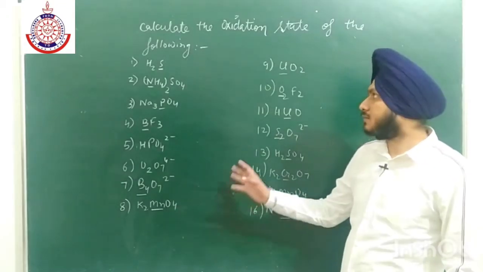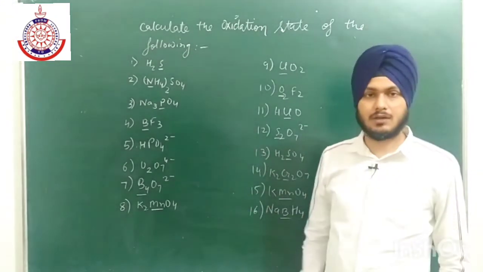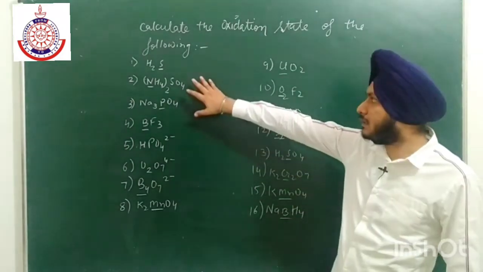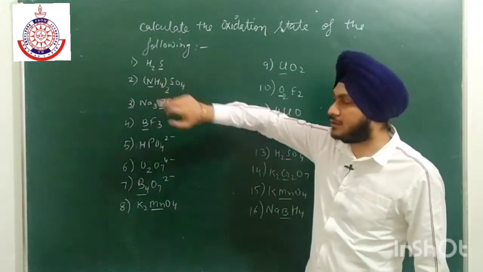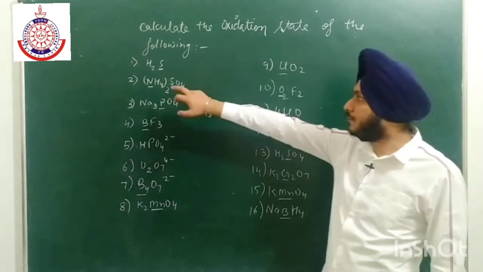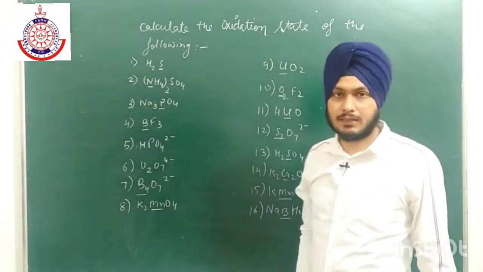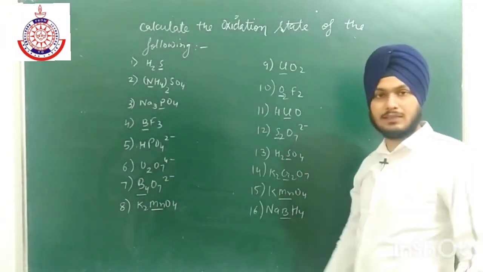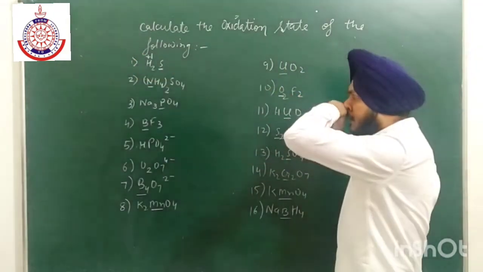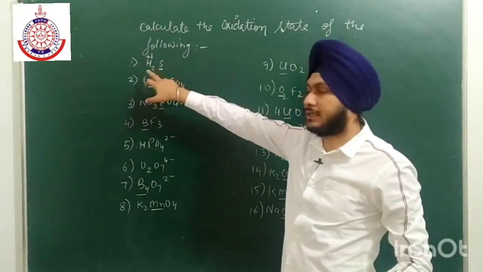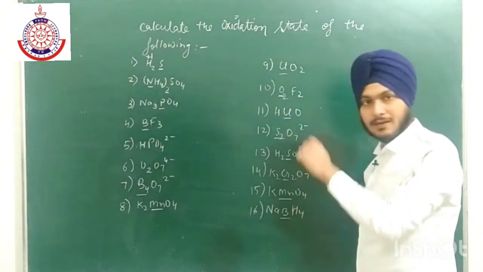Here I have written some problems in order to calculate the oxidation number of the underlined atom. The first one is H2S, and in this compound we have to calculate the oxidation number of sulfur. We all know that when hydrogen is attached to a non-metal, its oxidation number is always +1, and since it is a neutral compound, the sum of the oxidation numbers of all the atoms is 0 according to the 7th rule.